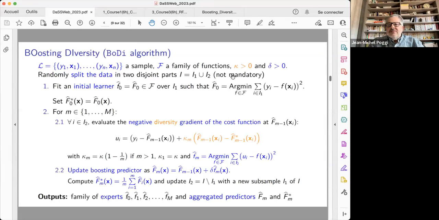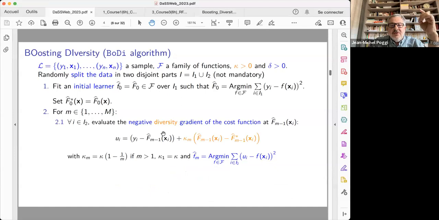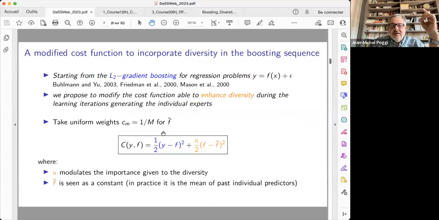And now what we propose is just to incorporate kappa in this scheme. So we set a value of kappa which is positive, and we compute. So the residual is in fact the negative gradient of the cost function, which is here.